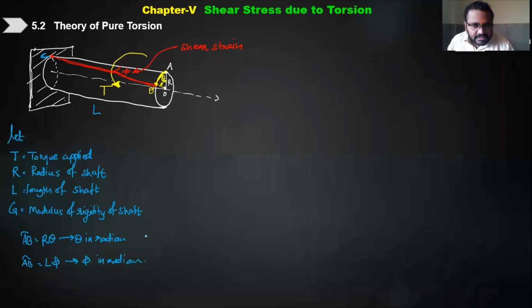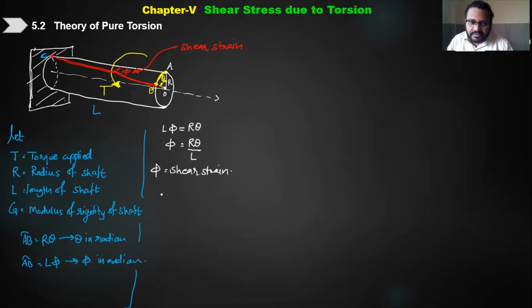So from these two relations, I can write the relation between them as L into phi equals R into theta, and then your phi, the shear strain, is R theta by L. Now this phi represents your shear strain.